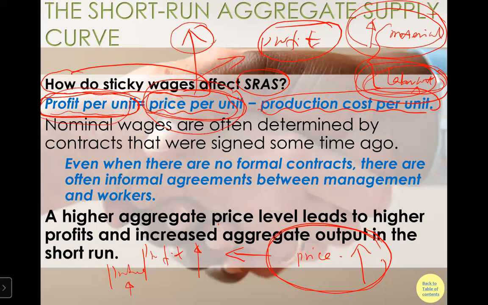So that explains why aggregate supply will increase with a price increase. Okay, so again, this is in the short run. And the reason why I emphasize this is the short run is that you may be wondering, what would happen in the long run?